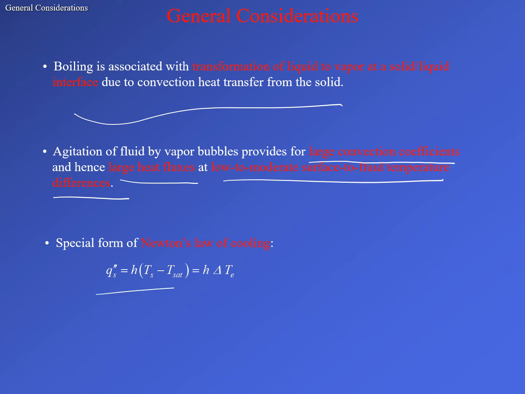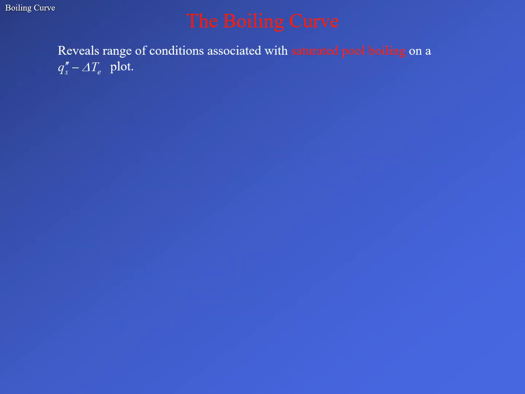And we already have discussed this special form of Newton's law of cooling, which uses the excess temperature, which is the temperature of the solid above the saturation temperature of the liquid. So next we will talk about the boiling curve, because in Newton's law of cooling, we would want to understand how the heat flux from the solid surface is related to the excess temperature.